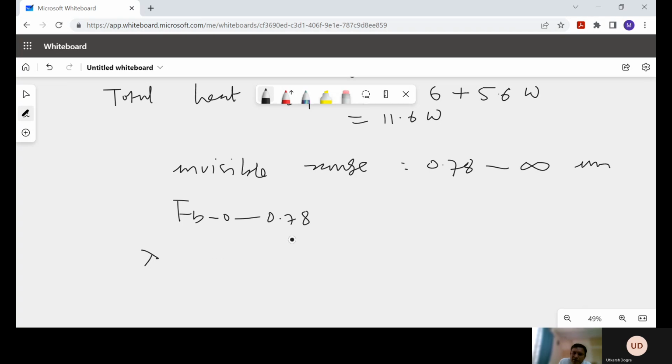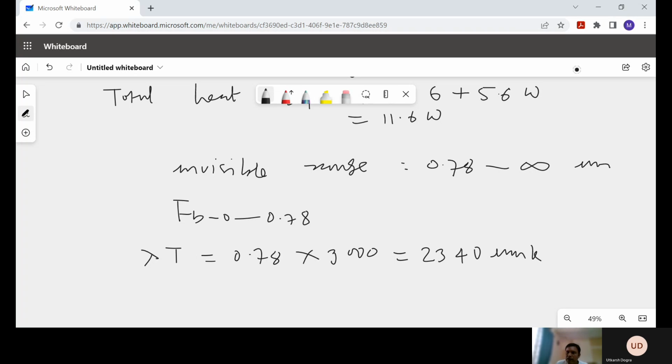Lambda in this case is 0.78 into the filament temperature, which is given as 3000 Kelvin. So this total becomes 2340 micrometer Kelvin, correct?